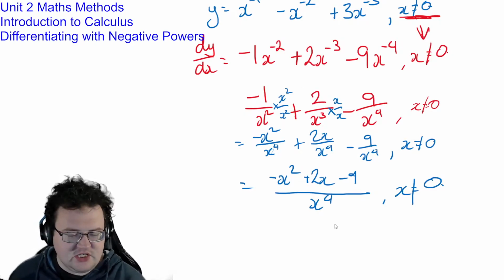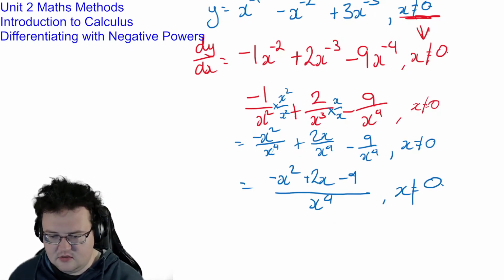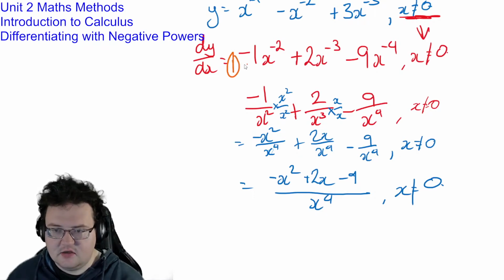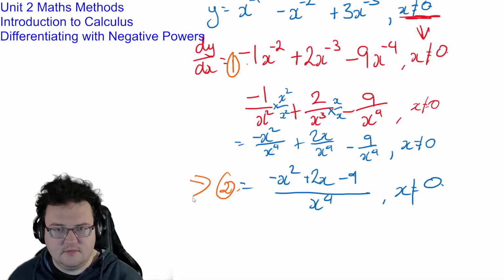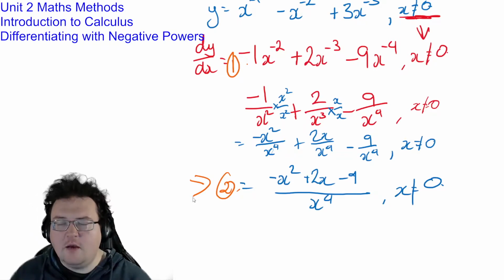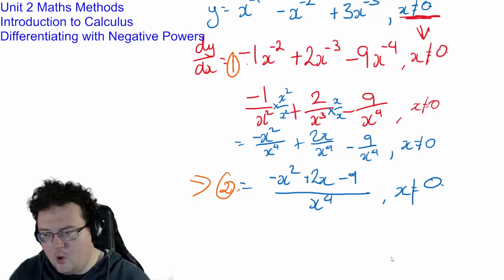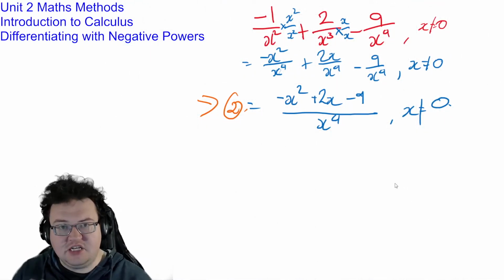Think about this in terms of varying degrees of correctness. This is still correct. This is the most correct. Sometimes you are going to see questions where they ask you to express your answer in a particular form.